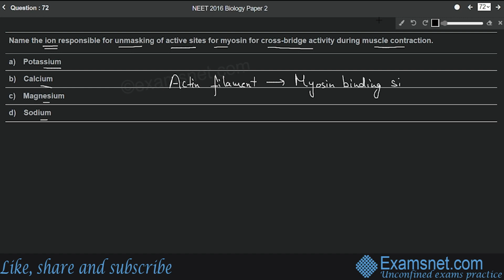Now these sites are covered or masked by the troponin unit. Now when myosin has to bind there, then this troponin has to be removed from there, and that is done with the help of calcium ion. Therefore the correct answer will be option number B, calcium.